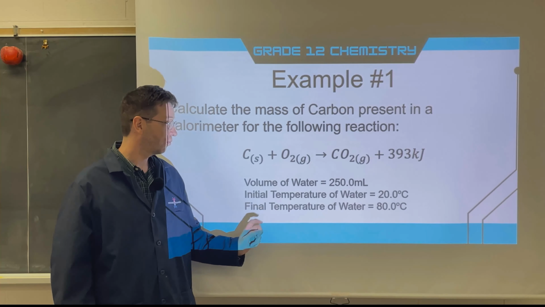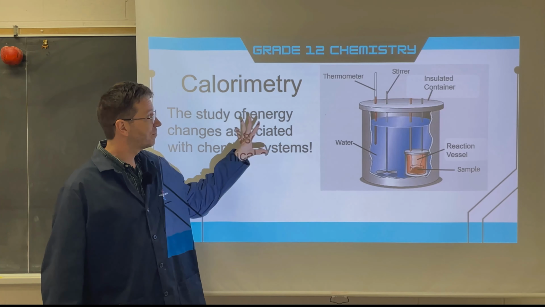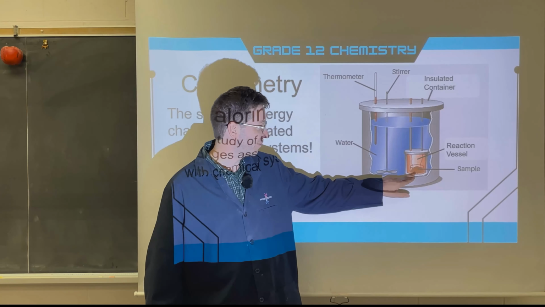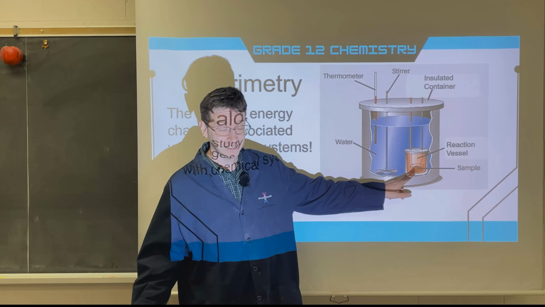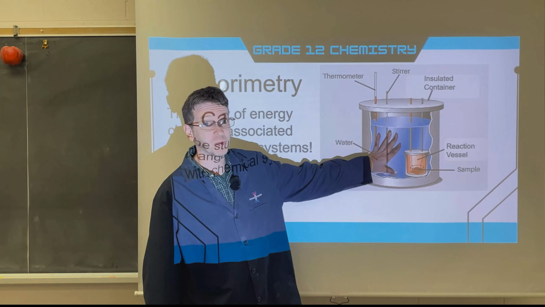So what we need to do is, if we perform a reaction where we have 250 milliliters of water, you might be asking, where's the water coming from? Well, we have to remember how calorimetry works. This is one example of a calorimeter where we'll have a reaction vessel, and then we perform a reaction, and in this case, an exothermic one, what it's going to do is heat up the surrounding water.